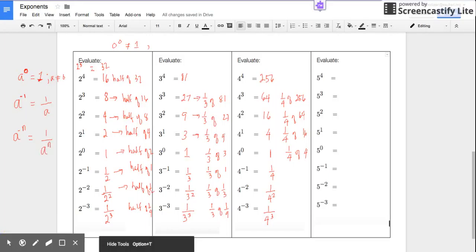Now, we always want to have our exponents in a positive form. If the exponent is negative, we convert it to positive. Okay, there you go. So now we have seen how we can express or evaluate bases with 0 exponents and negative exponents.